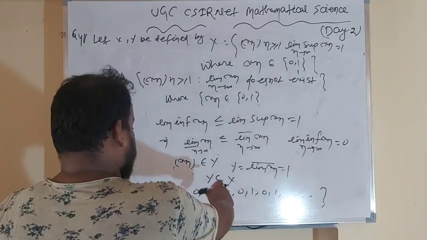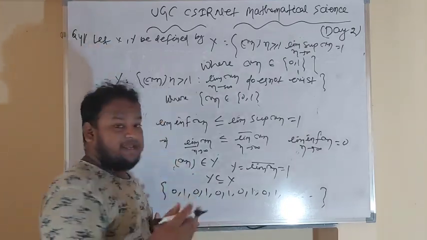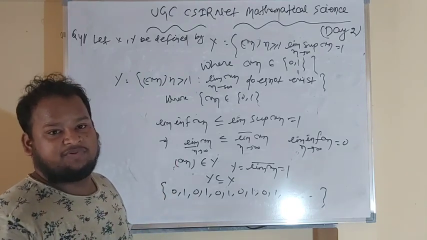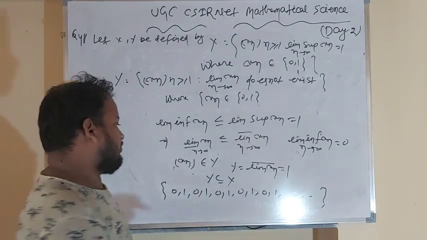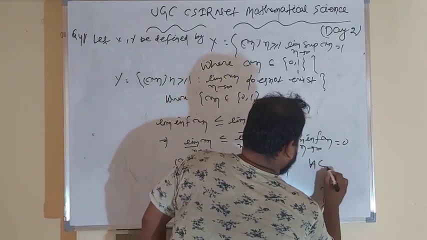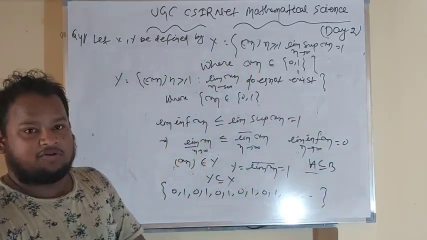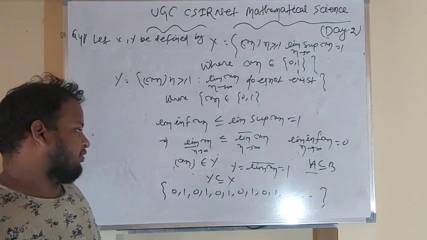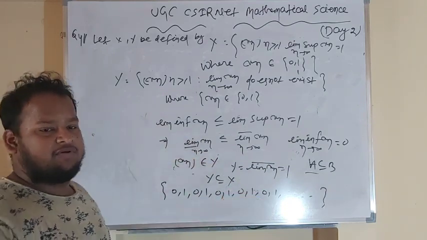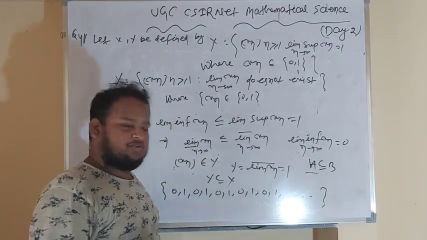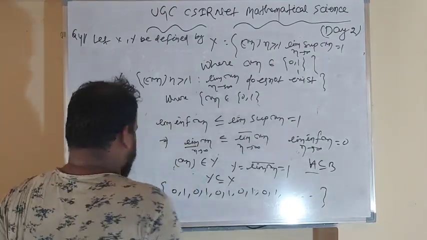So as we know, if a is a subset of b, and a is uncountable, then the set b is uncountable. Suppose a is a subset of b. A is a subset of b, and if a is uncountable, then b will be uncountable. A is countable, b is countable. So y is uncountable, so x is uncountable. That is the proof.